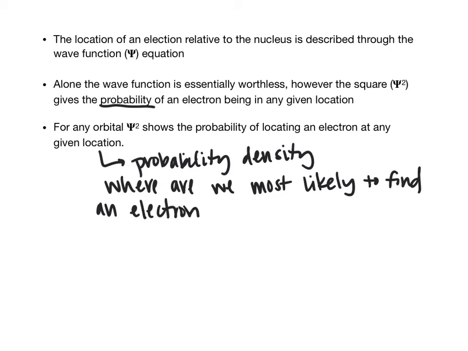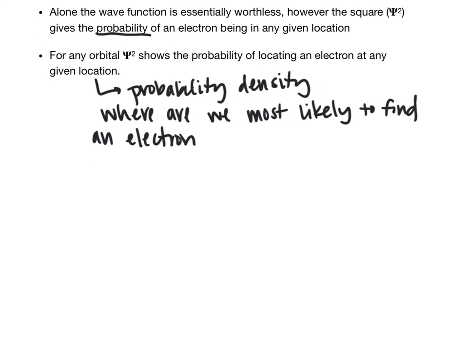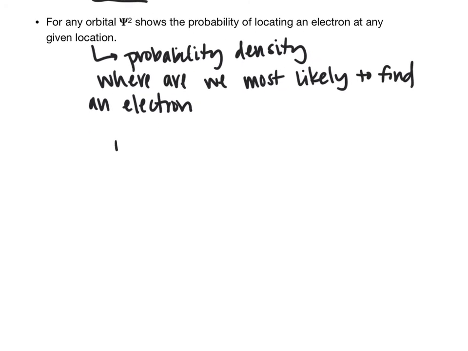This is all relative to the nucleus. If you were to think about the hydrogen atom on a 3D X, Y, Z scale, what you'll start to see is that psi squared, which looks kind of like a particle dot plot, looks something like a sphere.